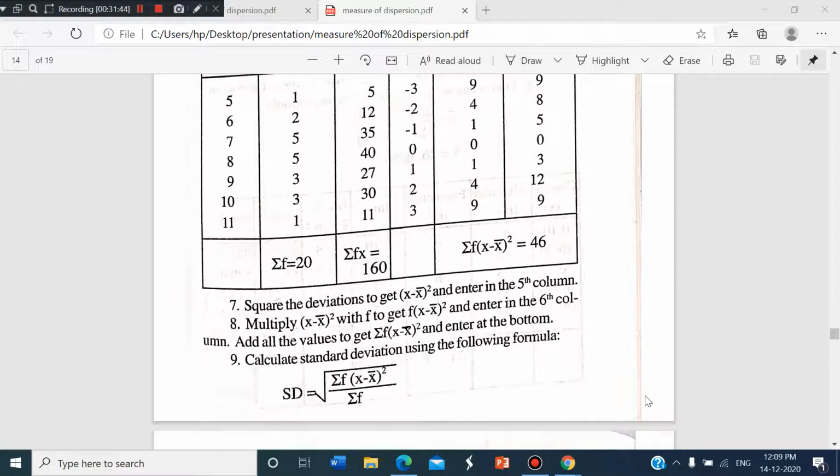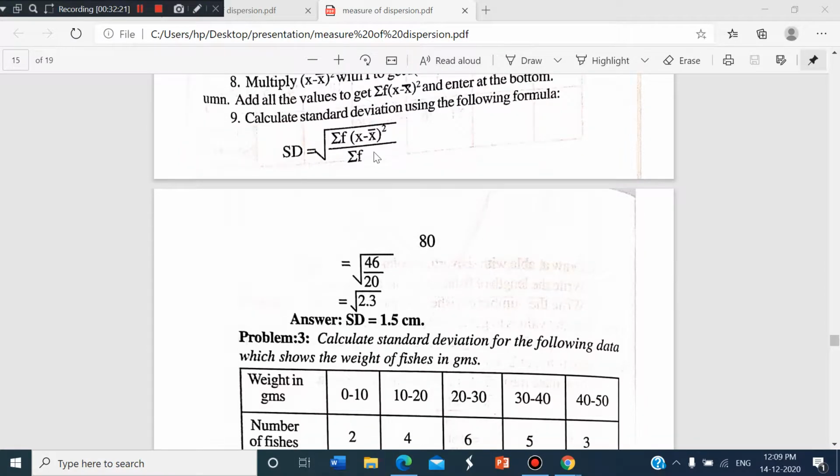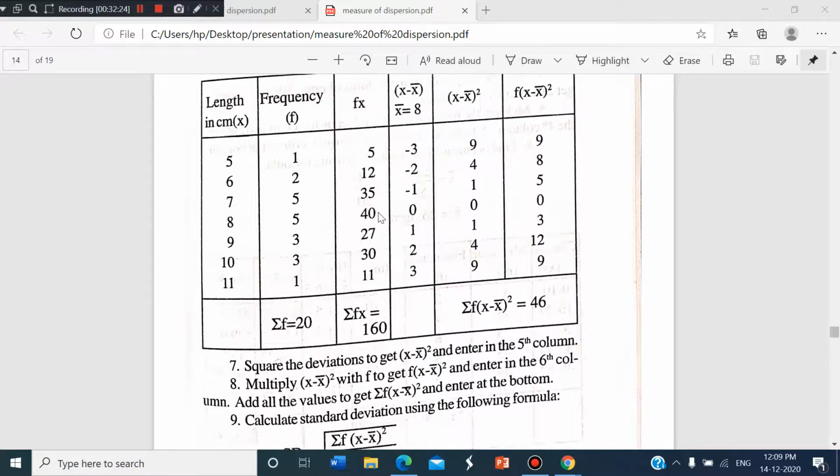Once you got this value, you can substitute that value in the formula. Standard deviation equal to square root of summation f into x minus x bar whole raised to 2 divided by summation f. We know that summation of f into x minus x bar square equal to 46, what we have taken. So then what about the f value? Summation f value is 20.